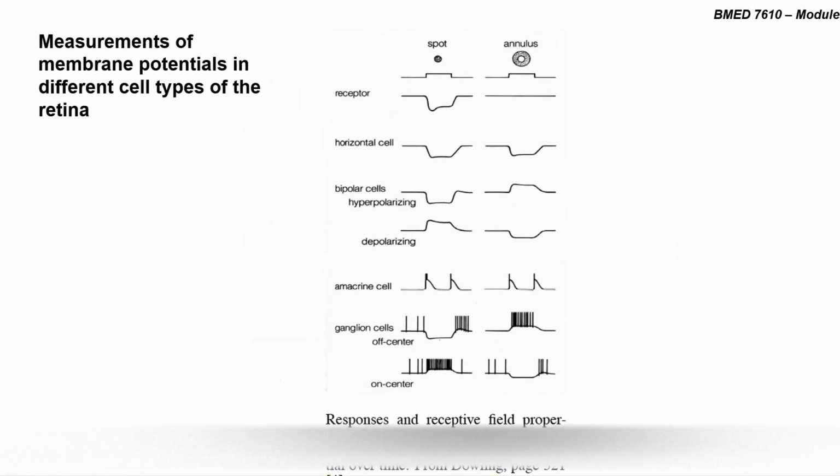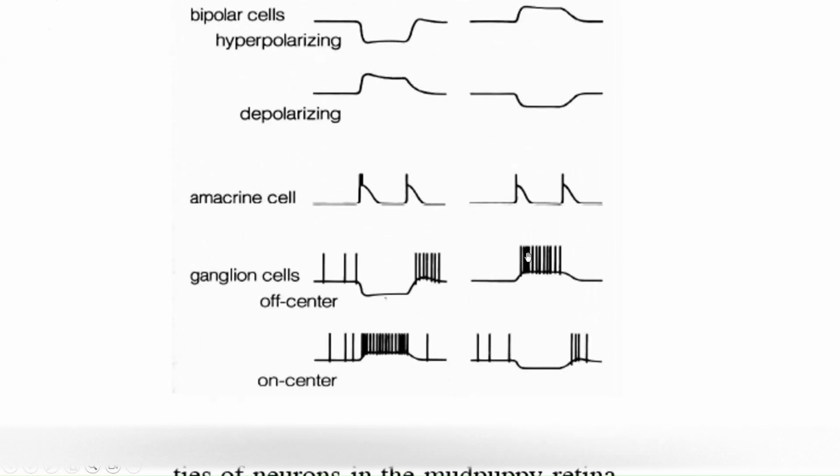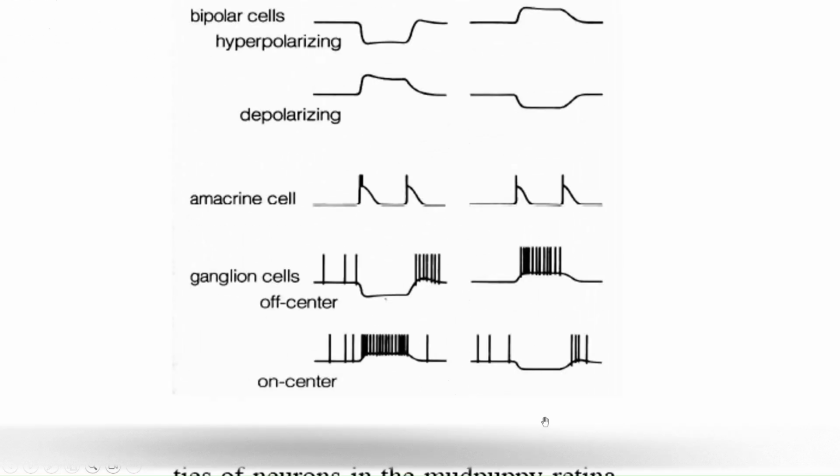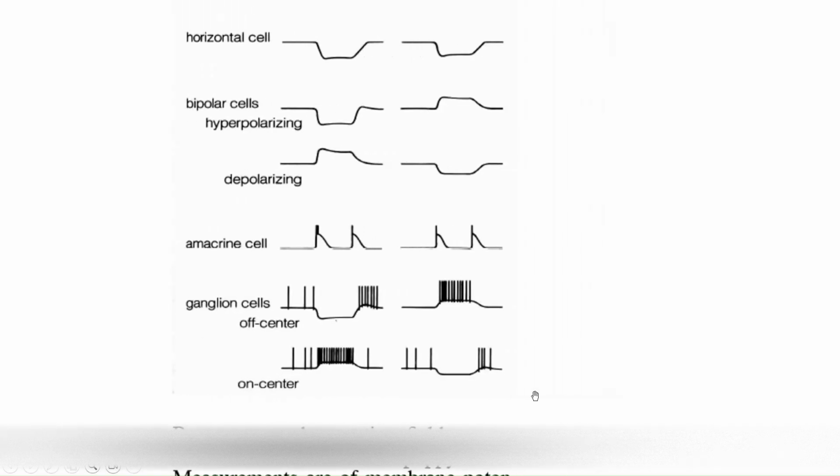The right column is a different style, where there's a donut. In the middle there's no light, but in the circular shape around it, they have light. And we see it's the opposite now. The off-center one is firing, whereas the on-center isn't firing.